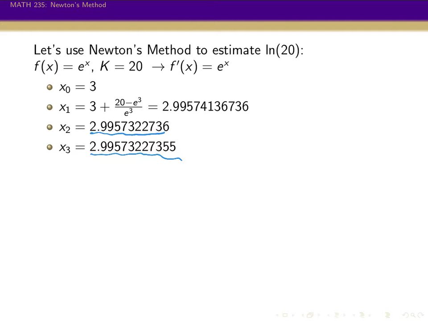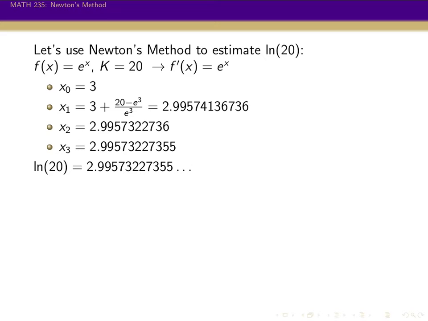Between the first and the second, we got 2 decimal places, and between the second and the third, we got 2 more decimal places. That probably means that we have all of these correct, plus at least 2 more, because we've always been getting at least 2 on every round.